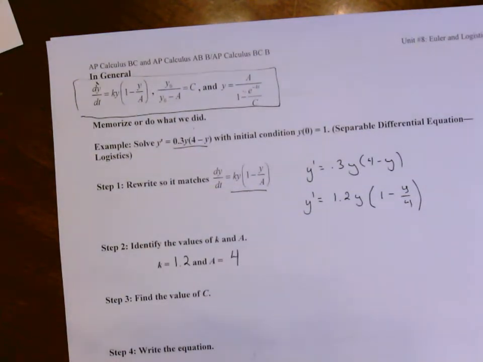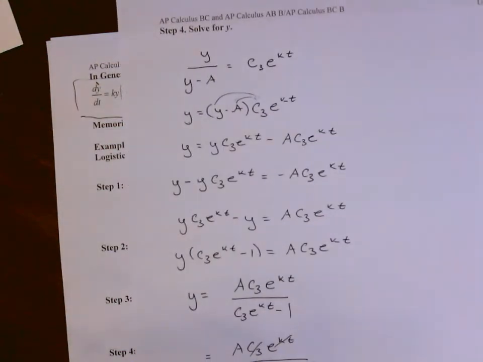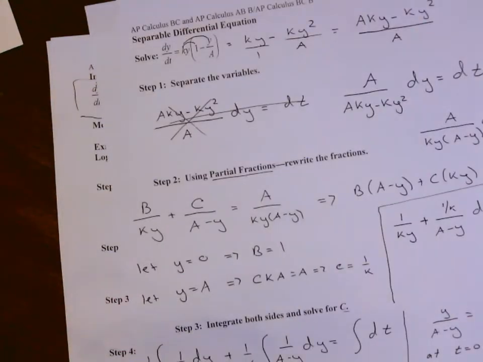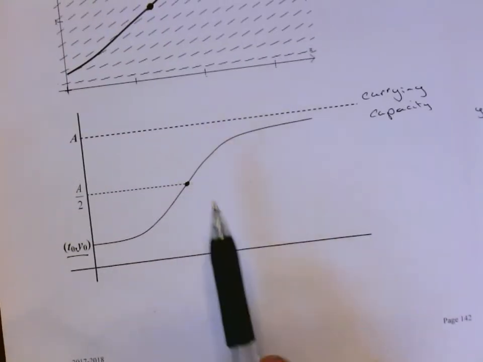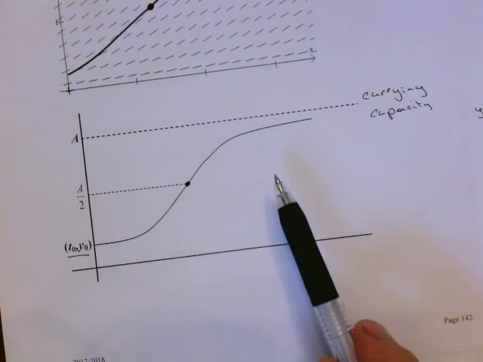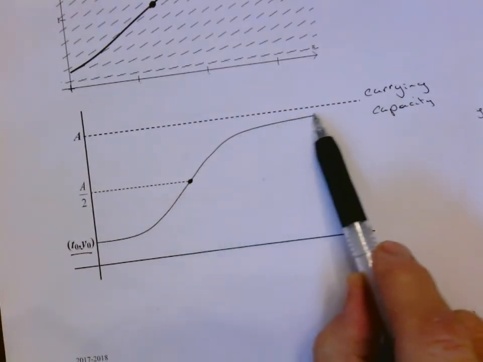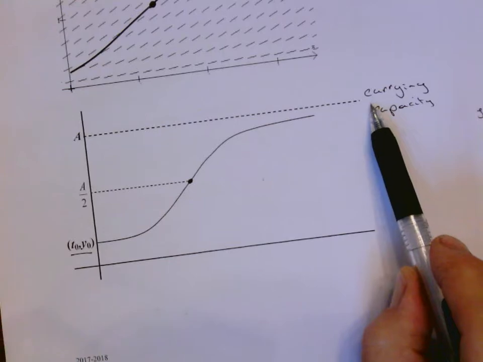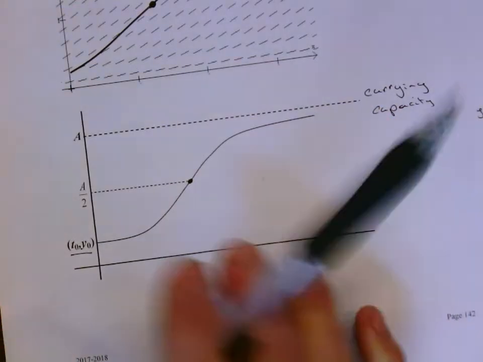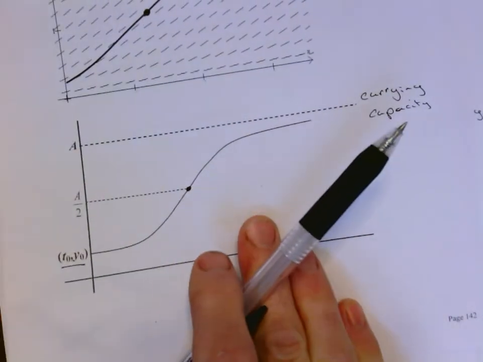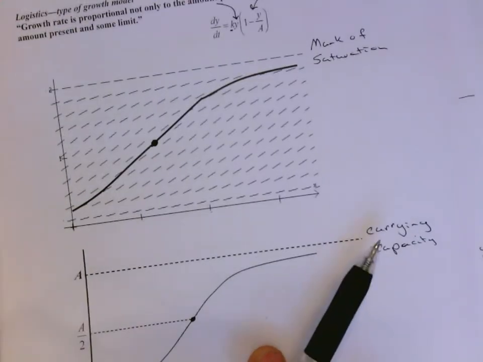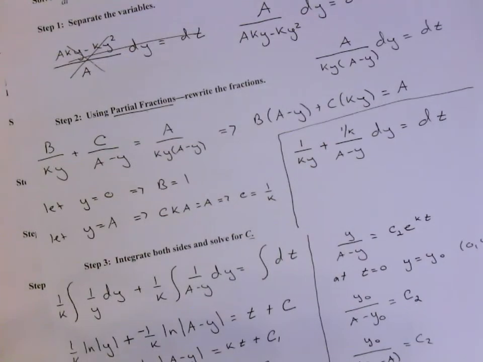If we go back to our original page, A is the carrying capacity. That's how much, as you go on forever, it's going to approach A. So that's what the carrying capacity is. K is what's called the growth constant, but we're not going to really deal with that too much.